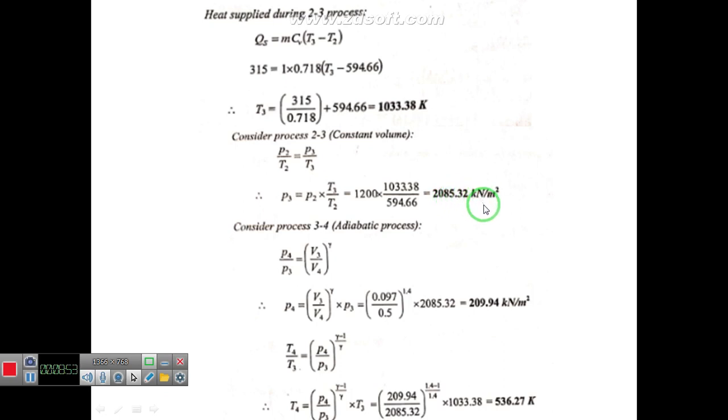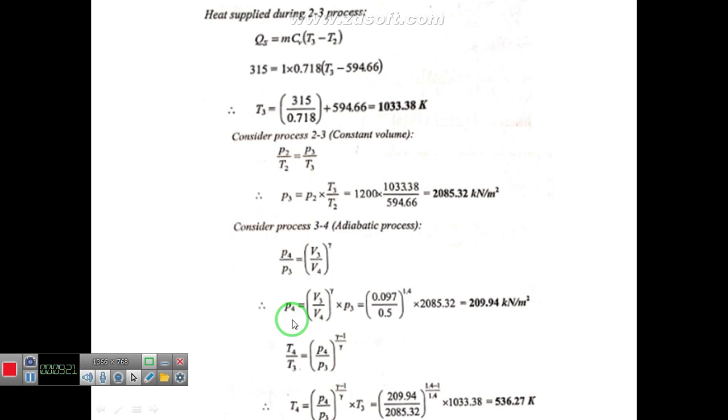Next process is the adiabatic process, the 3 to 4 process, which is the expansion process. In the expansion process we consider the pressure and volume relation, and using it we find the value of pressure 4.